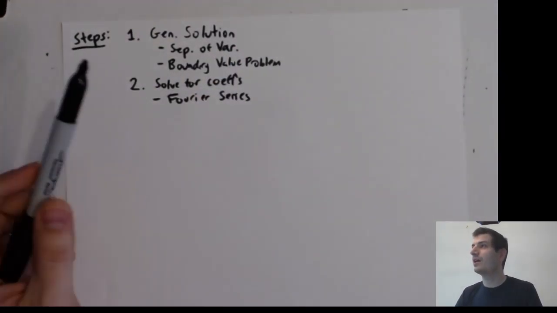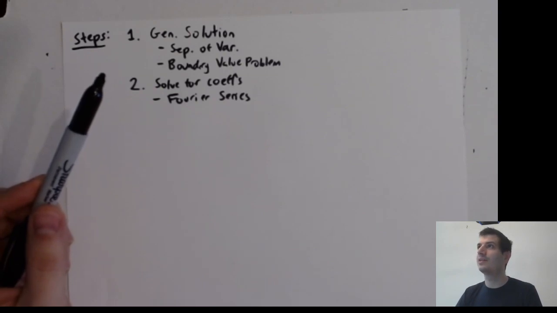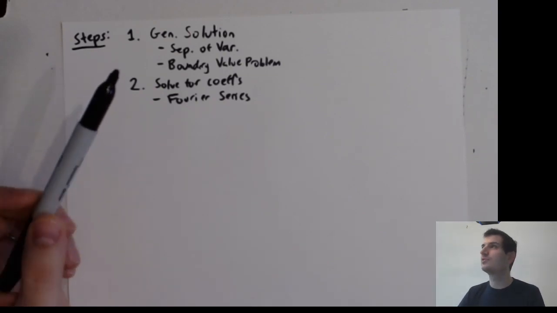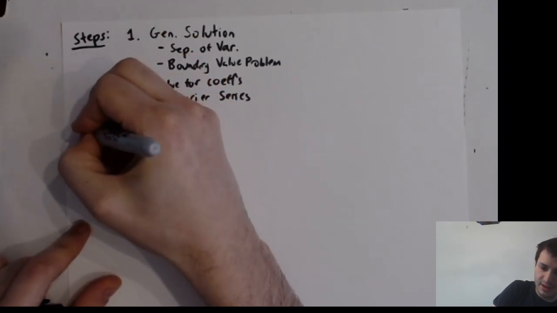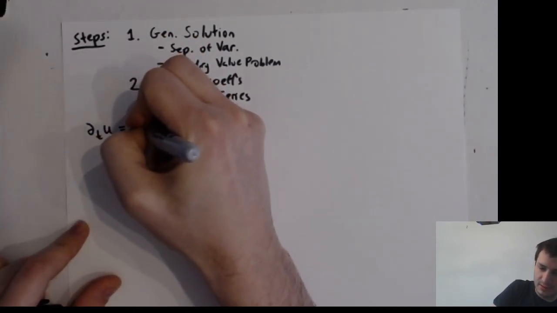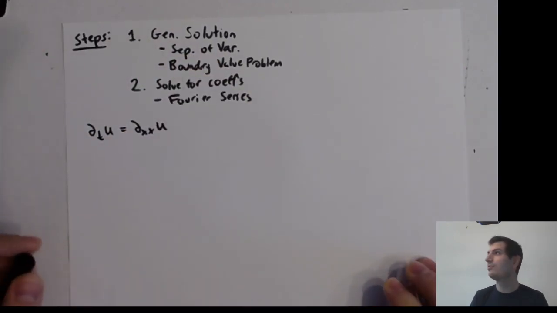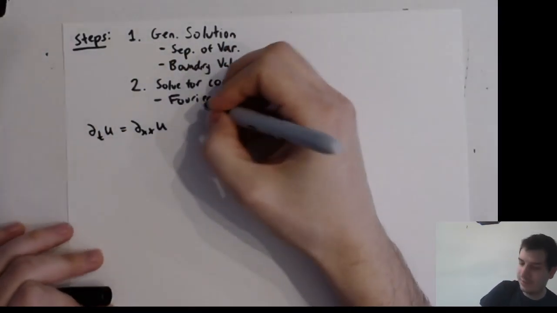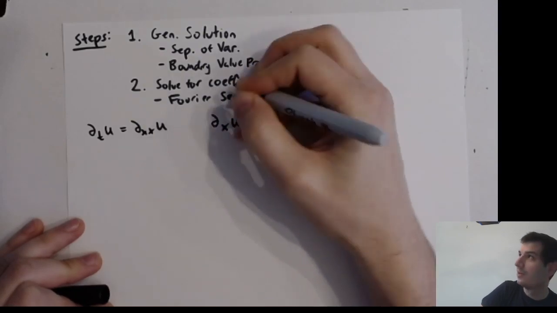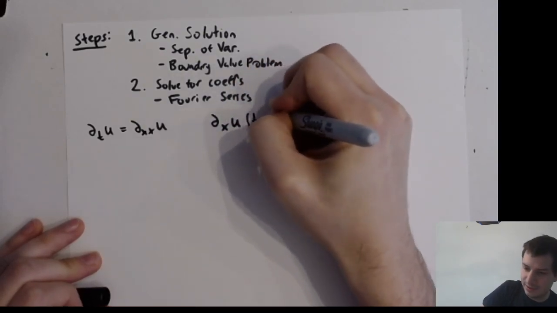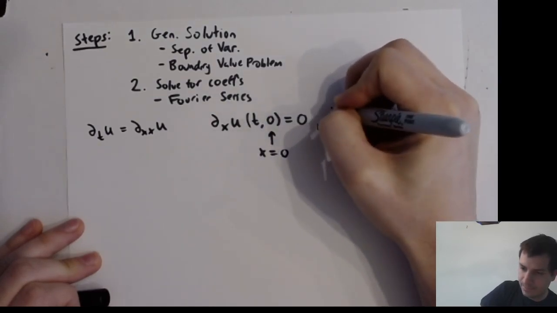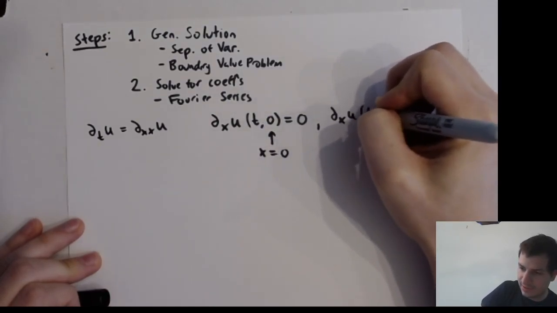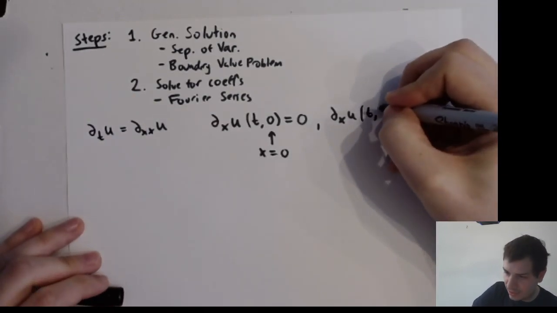Let's look at the equation we have. I'm looking at it in top hat to make sure I have it right. So this is the heat equation, and the boundary conditions, always very important. Partial x of u at t, x equals 0, equals 0.